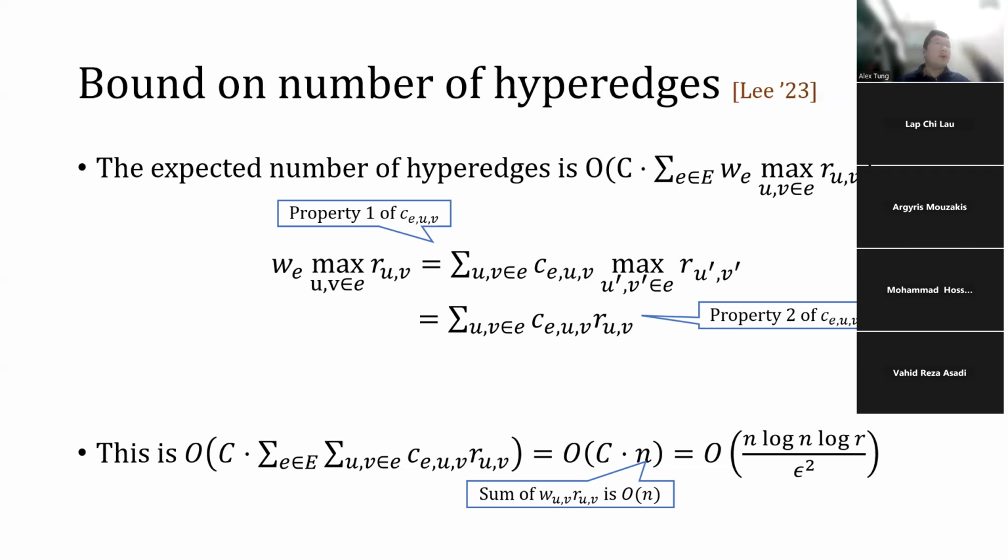So at this point, we have seen two ideas. The first idea is that we can just do this sampling where we compute a probability to sample each hyperedge. And the second idea is that using the clique graph reweighting, we can reduce the analysis to the ordinary graph analysis using the sum of effective resistances.